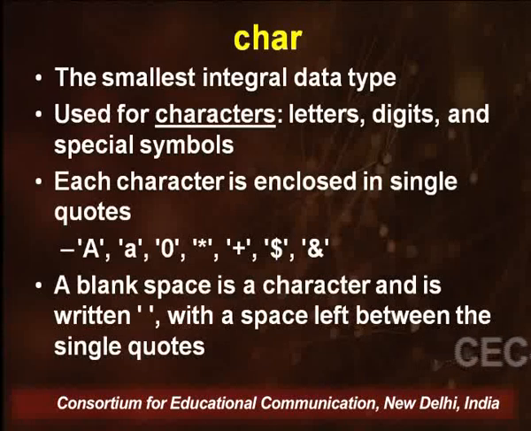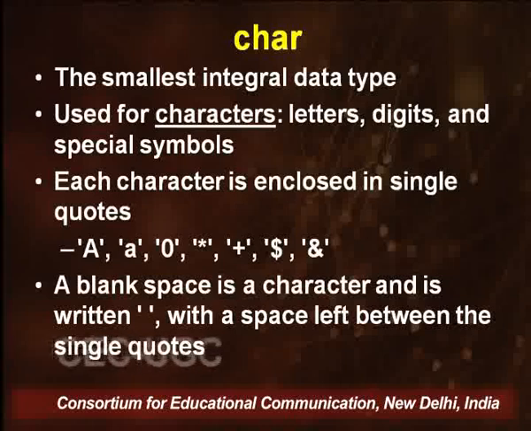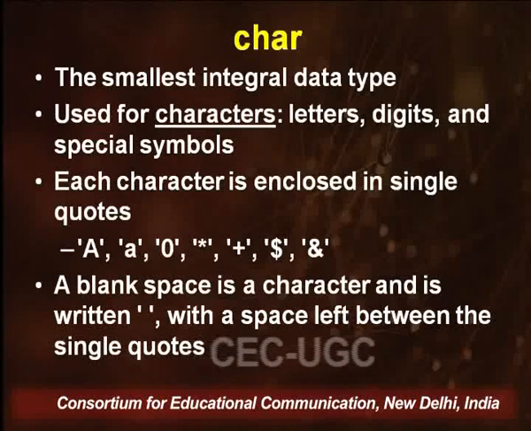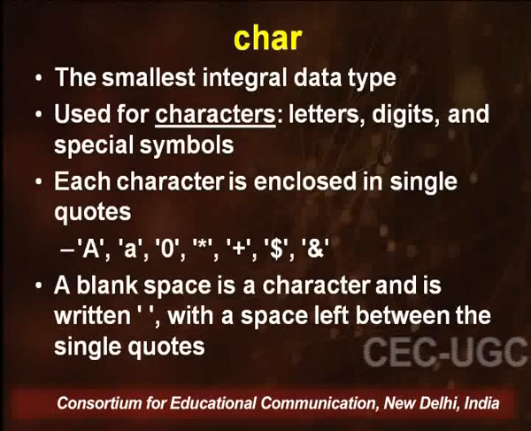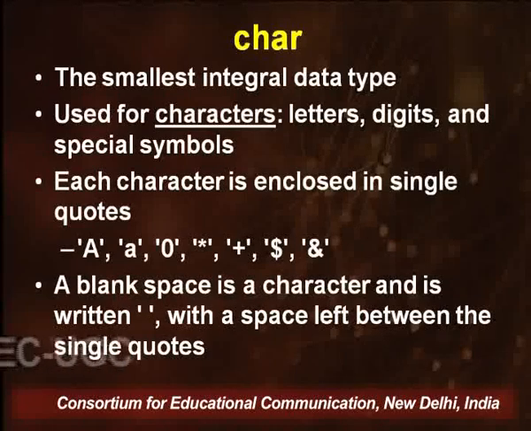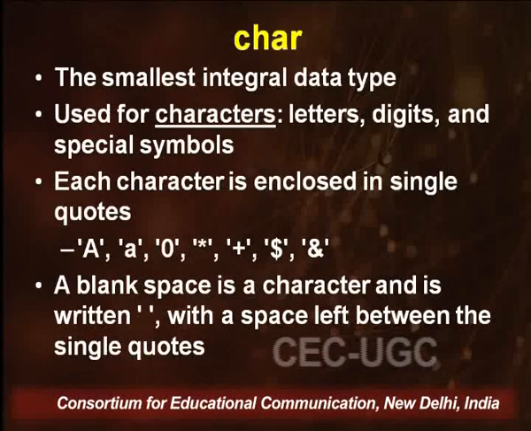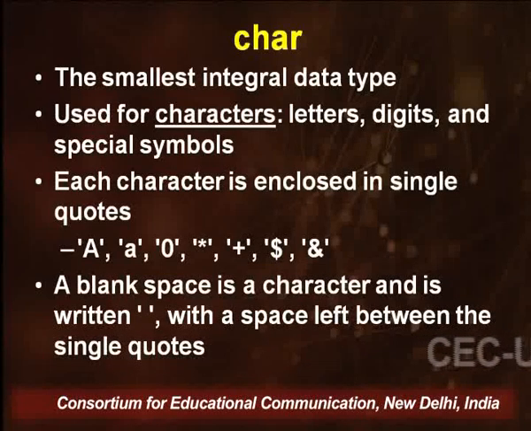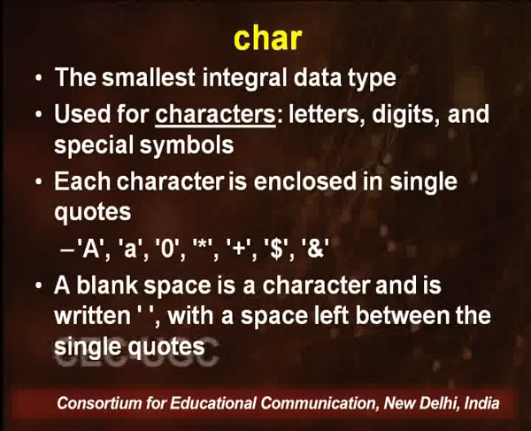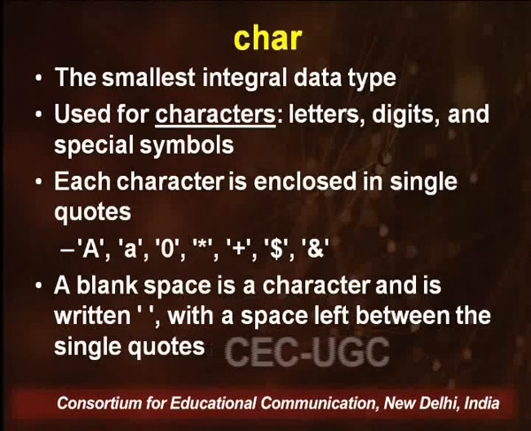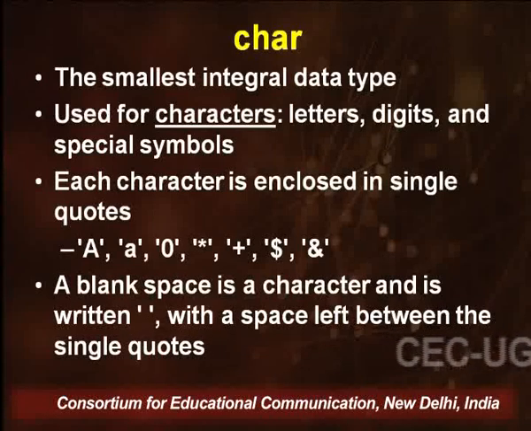When you assign a value to a character variable, the character has to be enclosed in single quotes. For example, small a, capital A, then asterisk, plus, dollar, ampersand, and so on. And the blank space, yes, that is also a character, and it is written using single inverted commas with a space left between these single quotes.